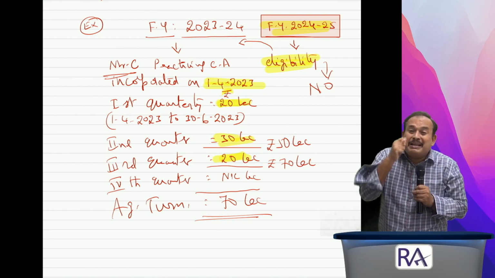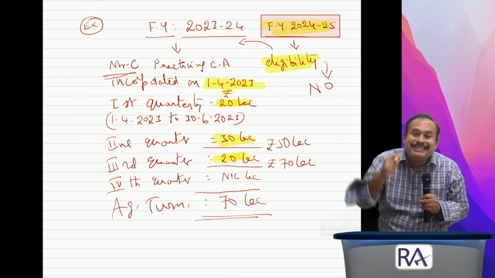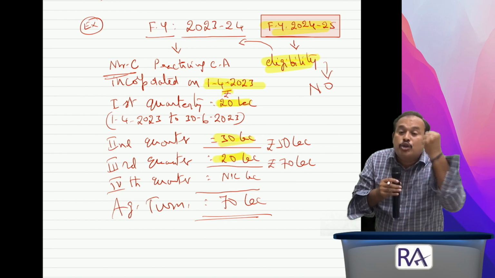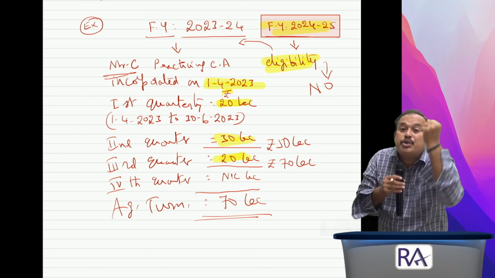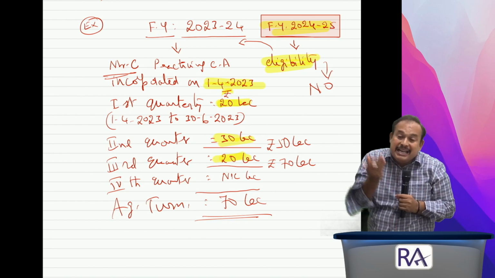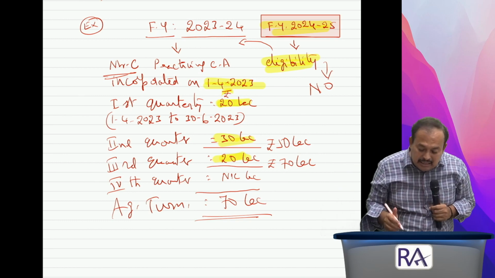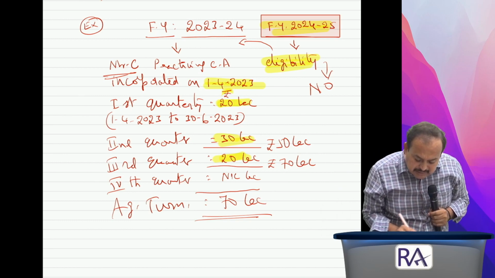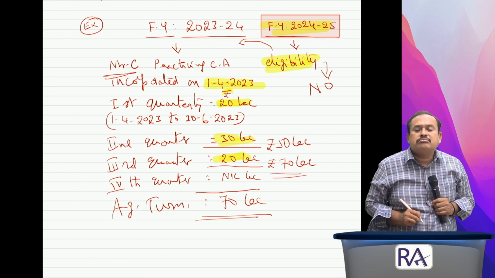So, for the purpose of determining the tax liability, what is my aggregate turnover in the year 2023-24? The aggregate turnover total is here. How much did you get? Almost up to the third quarter, 70 lakhs.